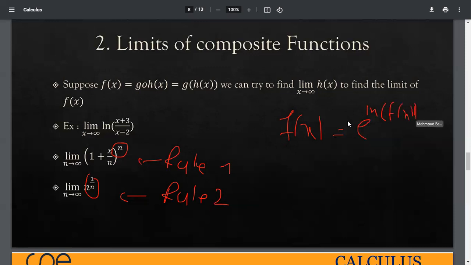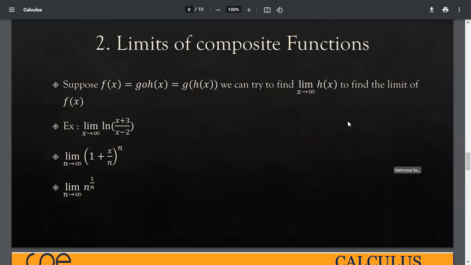Because this way I will get rid of the power and it will be e power something. So in the first case, we have 1 plus x over n, all power n.